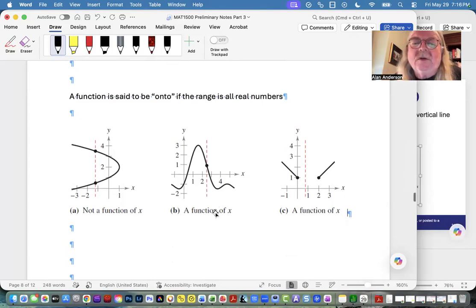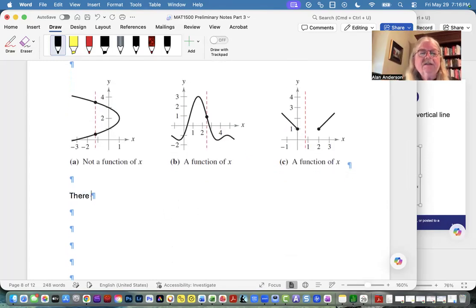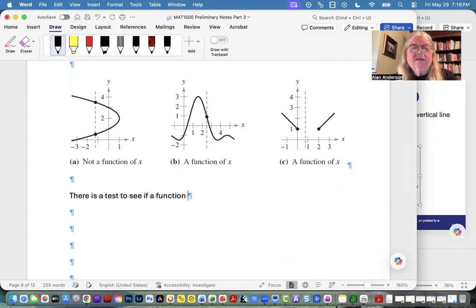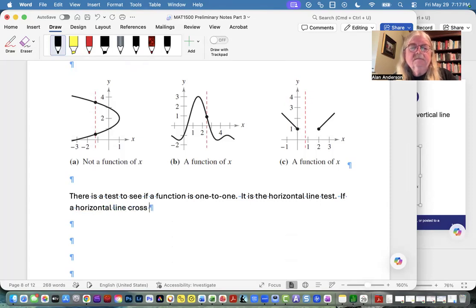Now, here's an interesting twist. There is a test to see if a function is one-to-one. It is the horizontal line test. If a horizontal line crosses a graph more than once, then the function is not one-to-one.